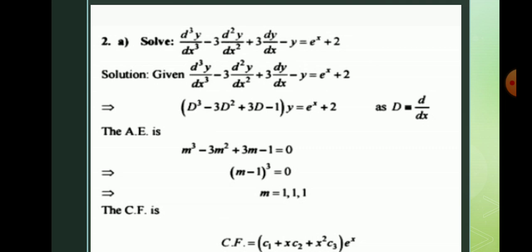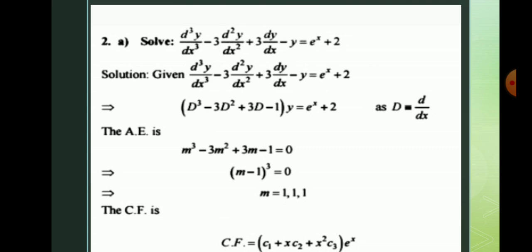So this problem which is seen on the screen is a problem from linear differential equation with constant coefficient. If you take capital D is equal to d by dx, then you can write this as (D cube minus 3D square plus 3D minus 1) y is equal to e to the power x plus 2.